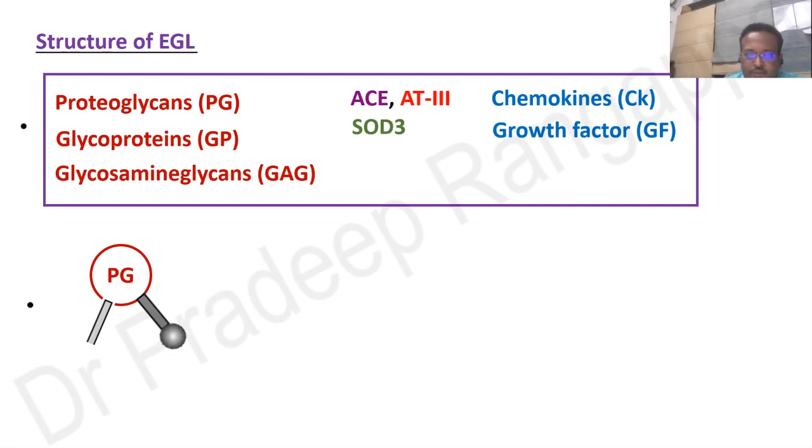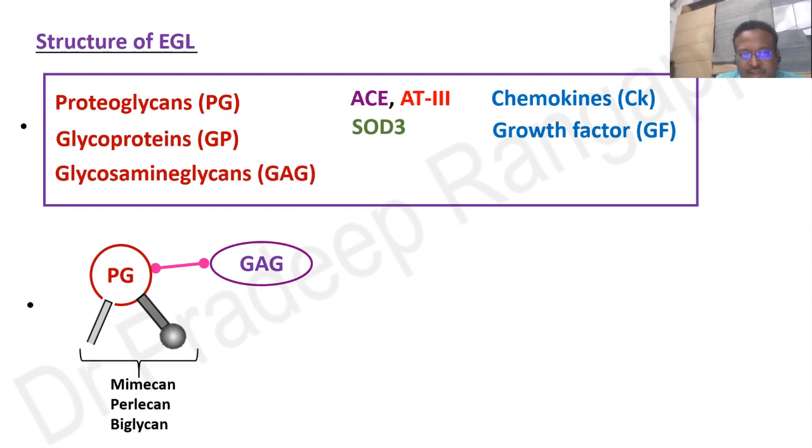This proteoglycan, which forms the basic foundation of this EGL, is attached to other proteins, which are syndecan and glypican. Proteoglycans are also connected to glycosaminoglycans, and to other structural units along with syndecan. What you see here is the syndecan, and this is the glypican. It is also connected to other structural units like mimecan, perlecan, and biglycan.